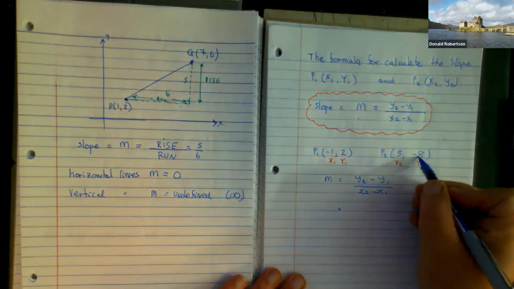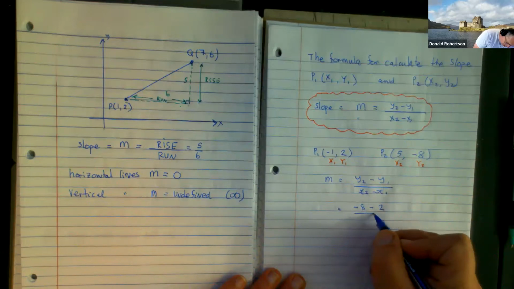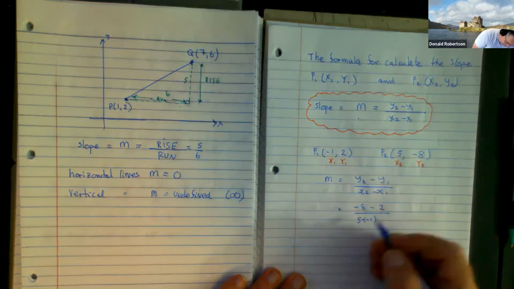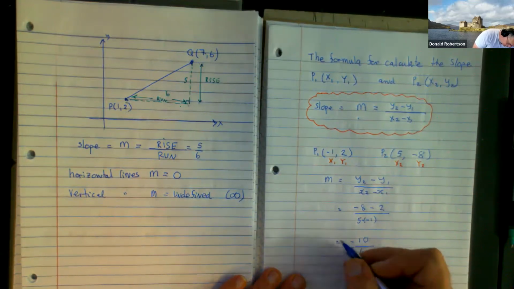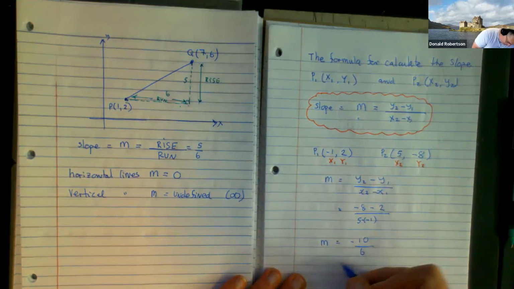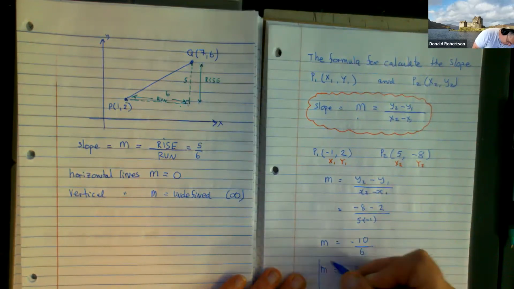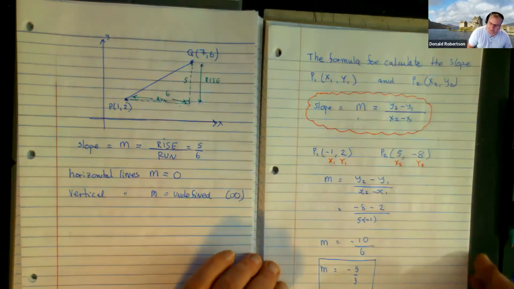So that's going to be -8 take away 2, so -8 subtract 2. And on the bottom, 5 subtract -1. The top gives you -10, and 5 subtract -1 is 5 add on, so you get 6. And this simplifies down to -5/3. And that's the answer to the slope of the line joining these 2 points.